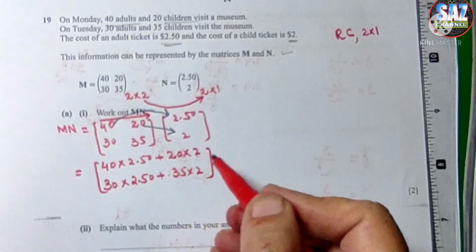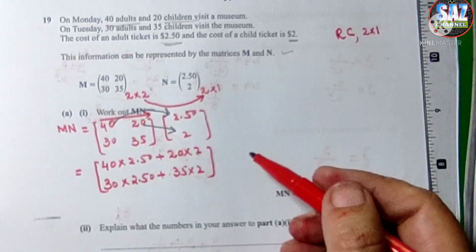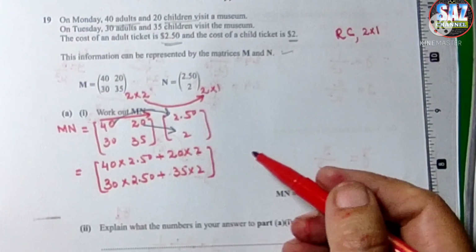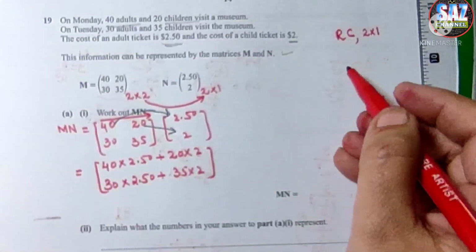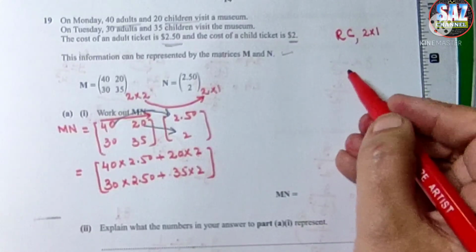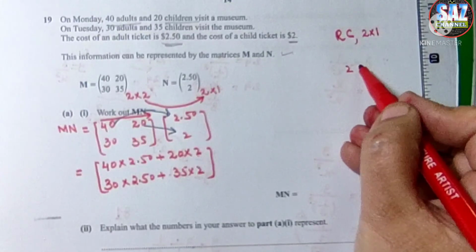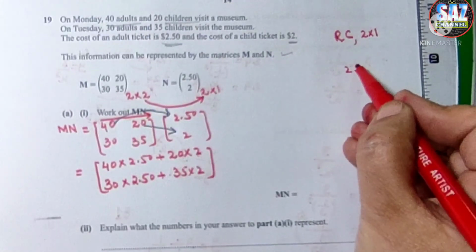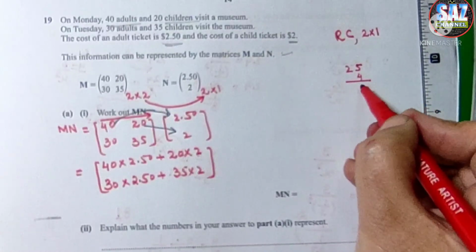35 multiplied by 2, and now we have to multiply 40 by 2.5, and that will be, let me perform the working here, that is 2.5. Sometimes I forget about the decimals and zeros. 25 fours is 100.